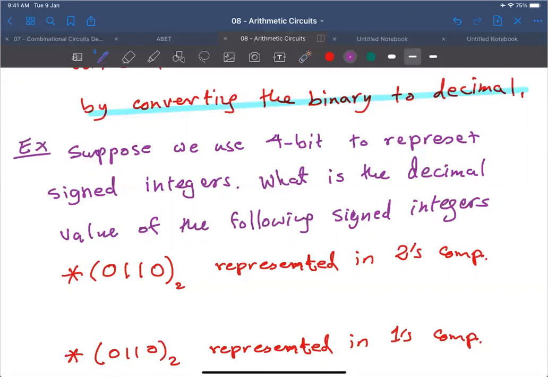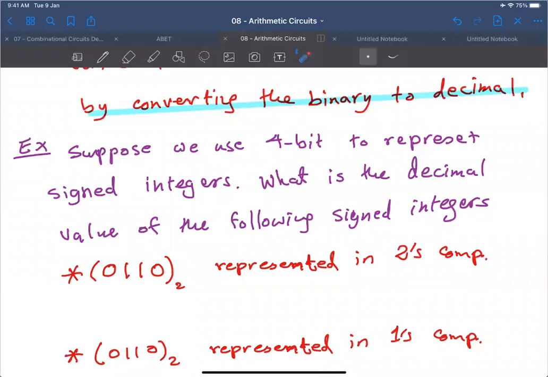Is this number positive or negative, first of all? It's positive. Why? Because the sign bit is 0. So, as I told you, how to get the decimal value of a positive number? You just convert it to decimal.